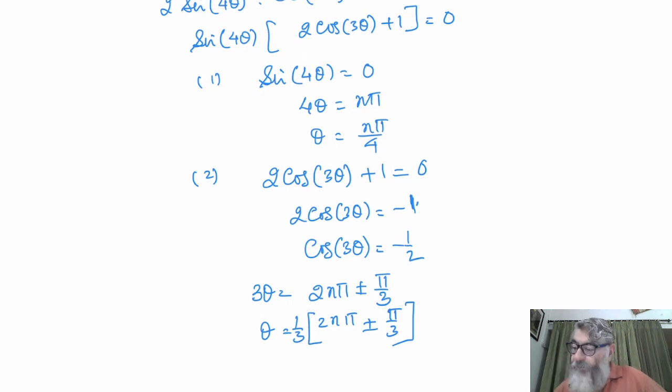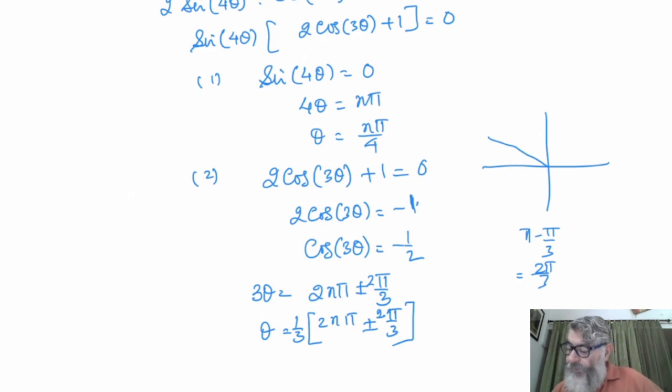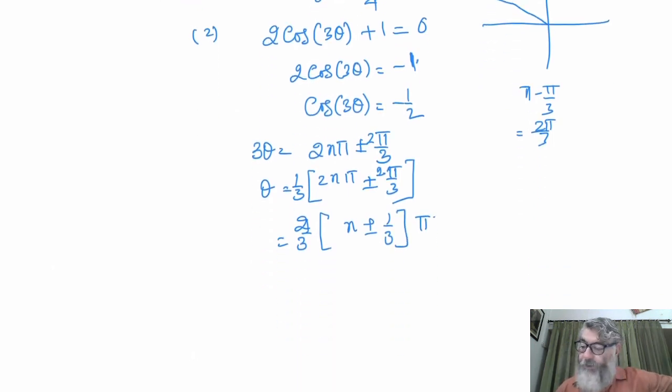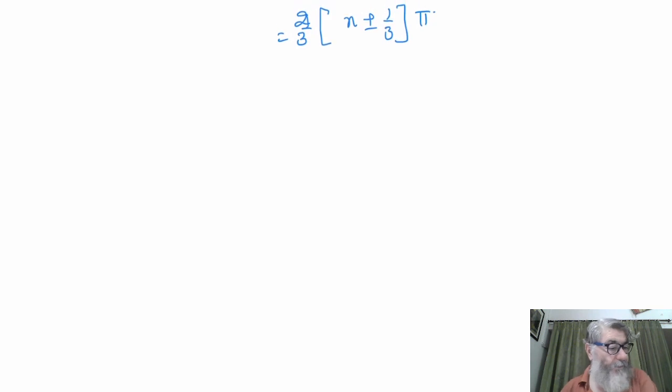So minus 1 upon 2 will be here. It will be pi minus pi upon 3, that will be 2 pi upon 3. So it should be 2 pi upon 3. You can take 2 common, 3n plus minus 1 upon 3, and pi can be taken out. That's right. Okay, now let us see the next question.